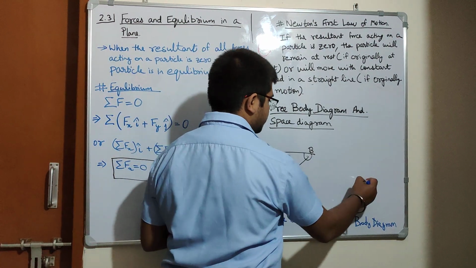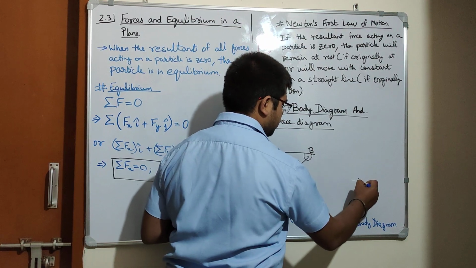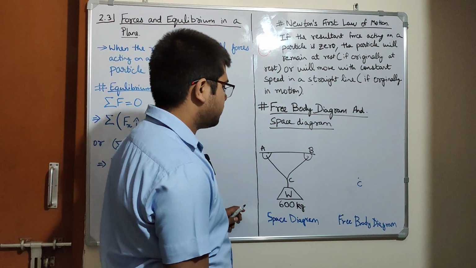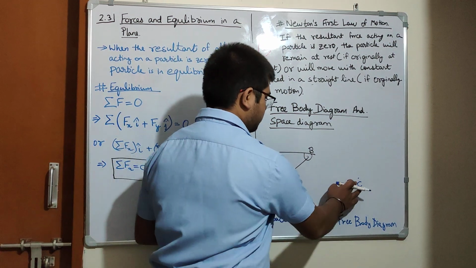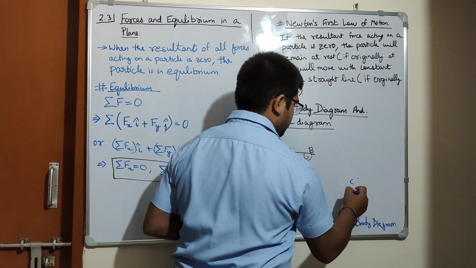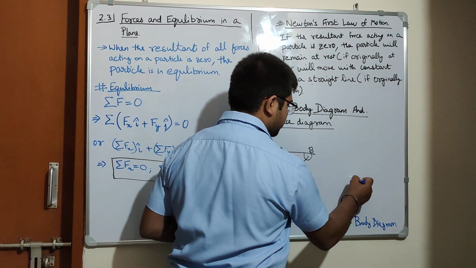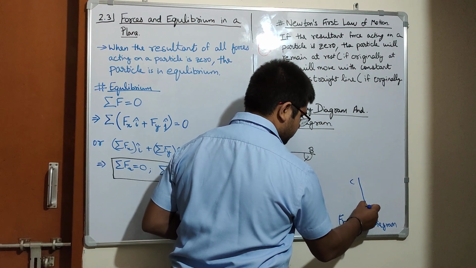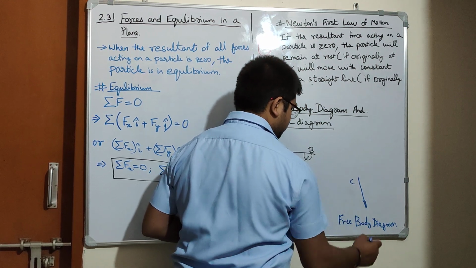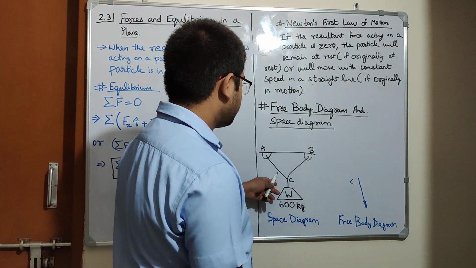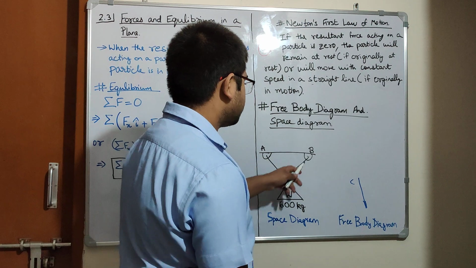So we will put C here, and then on point C, there is a weight acting in the downward direction, and there are two strings attached.